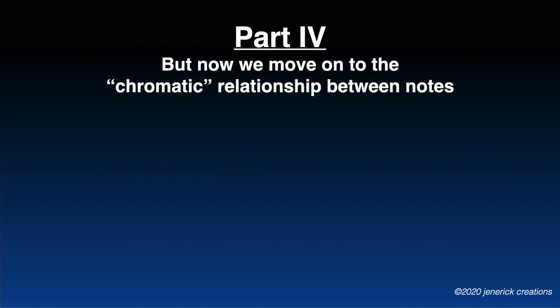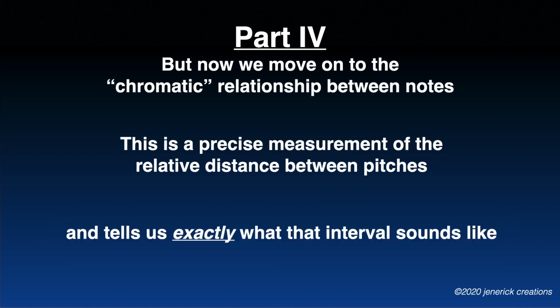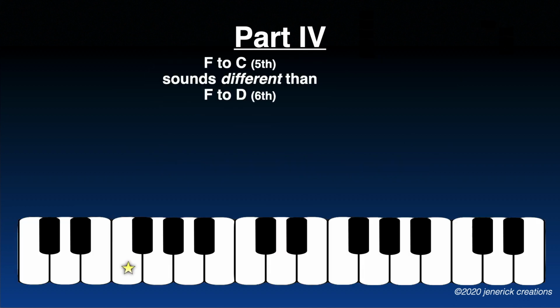But now we move on to the chromatic relationship between notes. This is a precise measurement of the relative distance between pitches and tells us exactly what the interval sounds like. F to C, an interval of a fifth, sounds different than F to D, which is an interval of a sixth.